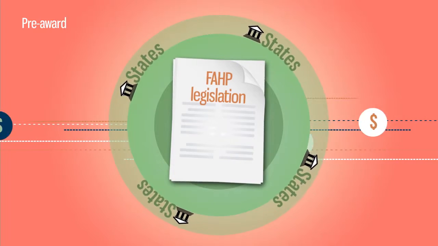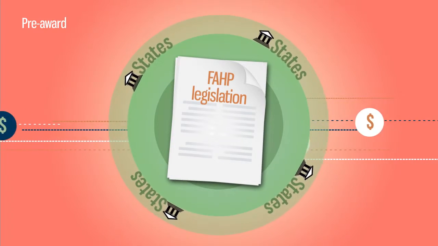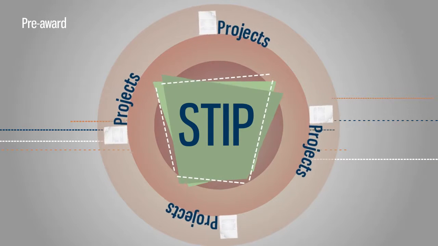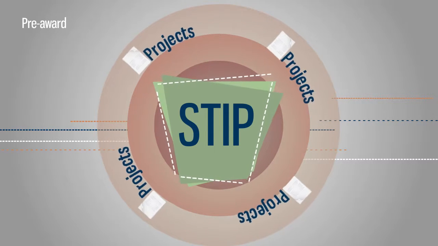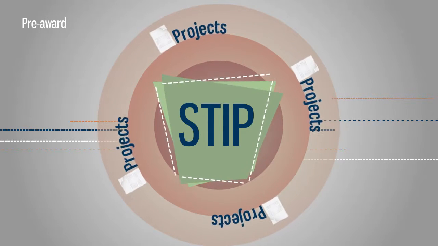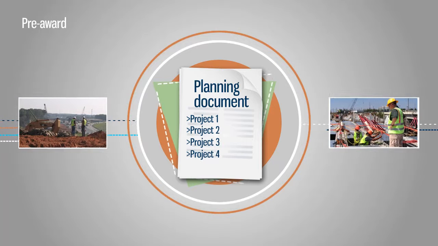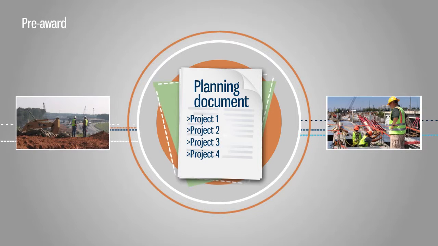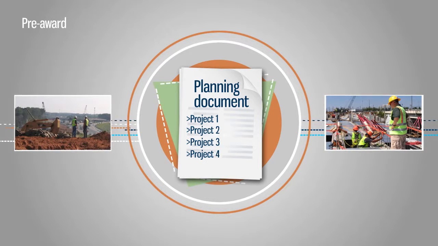While no application is required, planning requirements of the Federal Aid Highway Program dictate that states program projects to the funds they receive in an FHWA-approved State Transportation Improvement Program, or STIP. This planning document is a prioritized statewide listing of transportation projects expected to receive federal funding within the next 4 years.